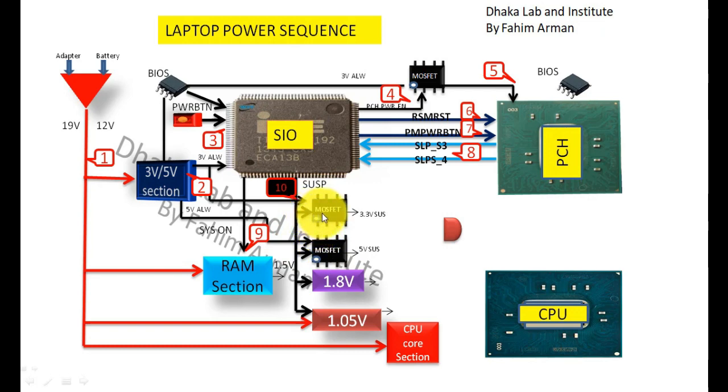After getting the SUSP signal, that MOSFET will provide 3.3 volt SUS, and after getting this signal in this MOSFET, the MOSFET will provide 5 volt SUS, and the 5 SUS signal will also go to the 1.8 volt circuit. Then the SUSP signal will also enter the 1.05 volt circuit.